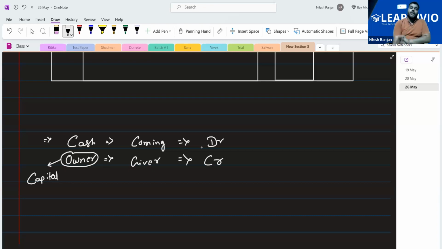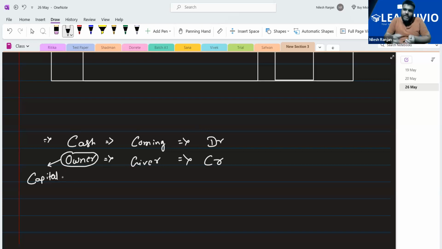Okay, so if you take capital account, then you have to go through the modern approach, not the old traditional approach, because in the traditional approach, you have to apply the personal account rule, and the personal account rule is applicable on a person generally. That's why owner.